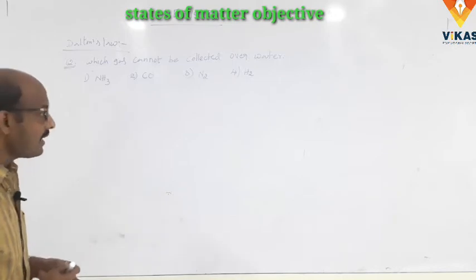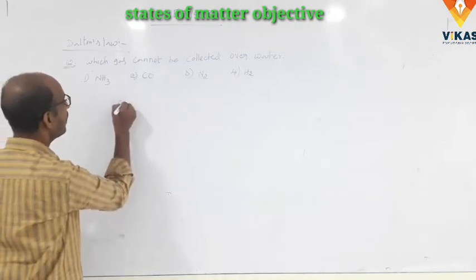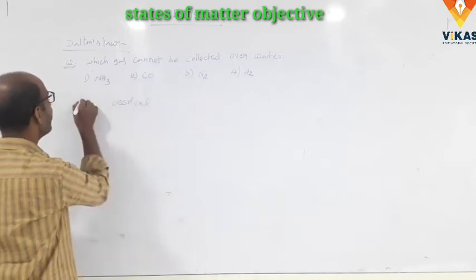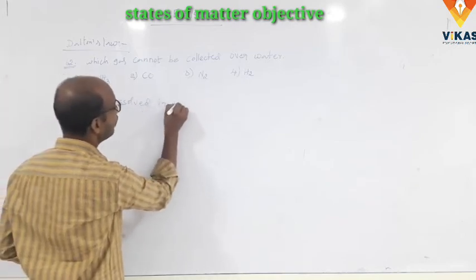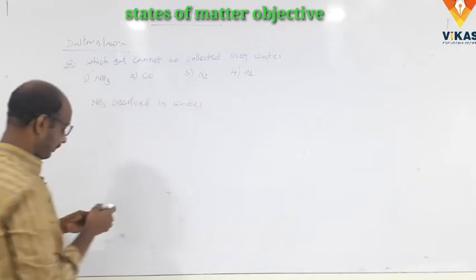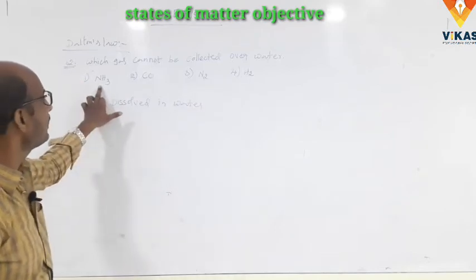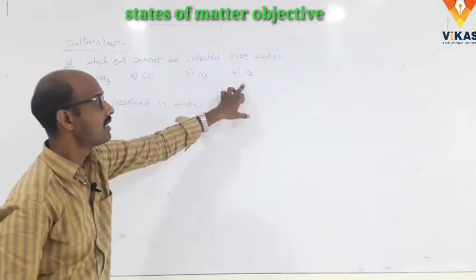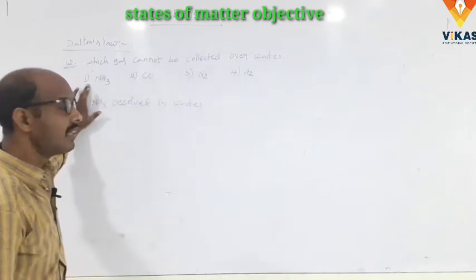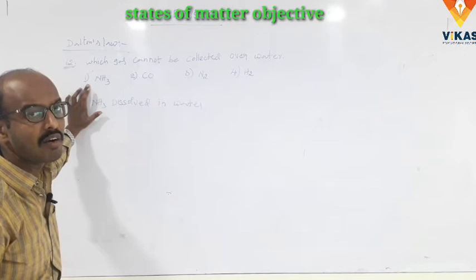Why? Ammonia dissolves in water. Okay? Here among these four: ammonia NH3, carbon monoxide CO, nitrogen and hydrogen. Here the NH3 easily dissolves, ammonia easily dissolves in water.